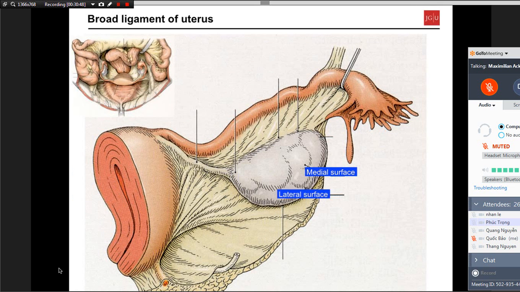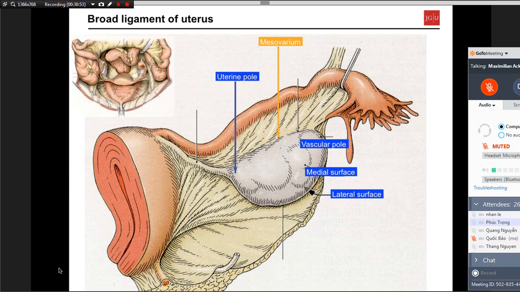Some words to the ovary and uterus. So you have, between the ovary and the fallopian tube, the so-called meso-ovarium. This is a so-called meso. So the meso of the ovarium itself comes from the tube, from the fallopian tube and the ovary. So there you find the so-called ovary with the lateral surface, medial surface, and a vascular pole, and you have a uterine pole. And next to that, you find a broad ligament of the uterus.